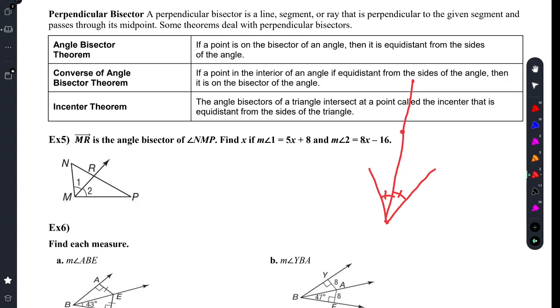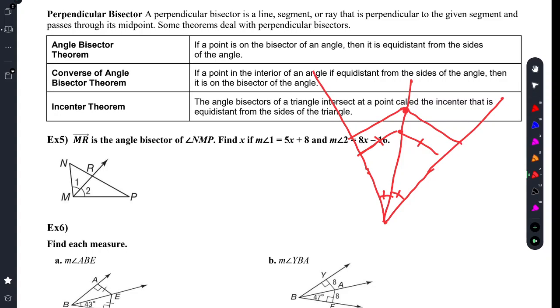All right? Now this is slightly different because it will go shortest distance, right? So if I extend this out, what's the shortest distance from this point to this line? The perpendicular. So that will be equal to that. Not that, that. See what it's doing? So that point will be equidistant to the angle.